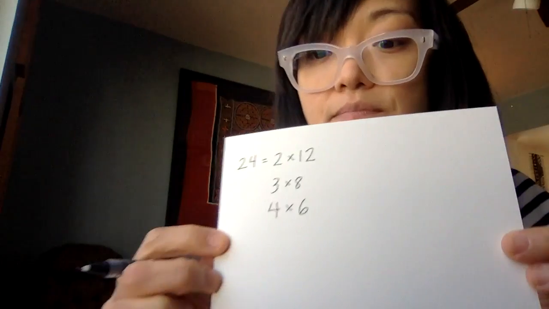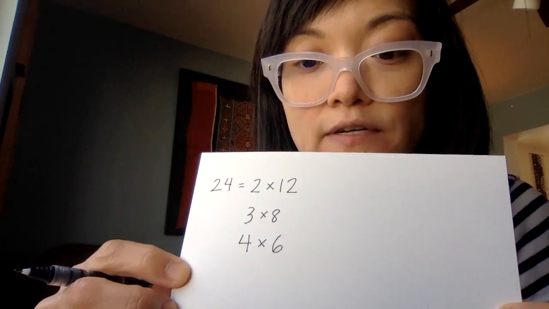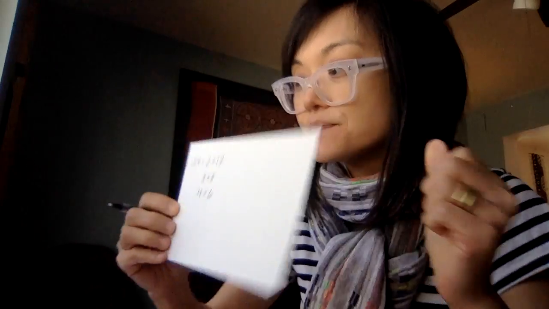Let's write down those numbers. 24 equals 2 times 12, 3 times 8, and 4 times 6.